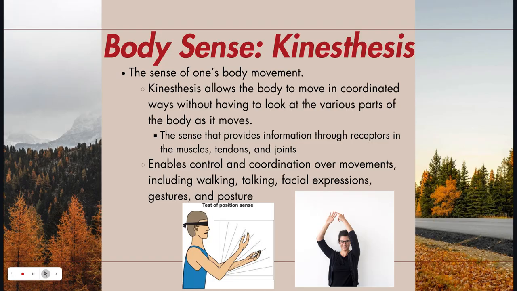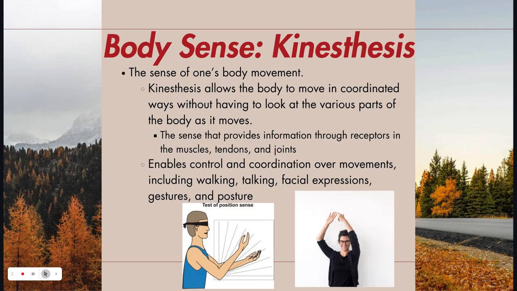So, for example, if you close your eyes, like we see in this diagram, and you move your arms or just sit there with your arms, you still know where your arms are, even if you can't see them. It is possible to lose your sense of kinesthesis or proprioception, where the only way for you to know where your arms or your legs are is to have your eyes open and physically see them.